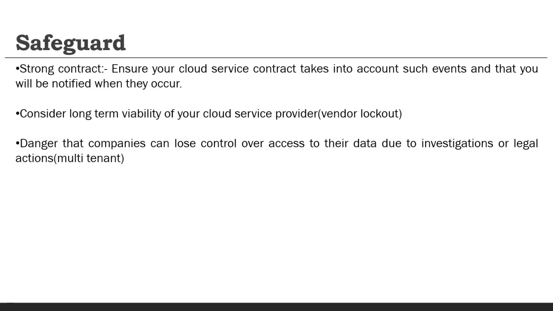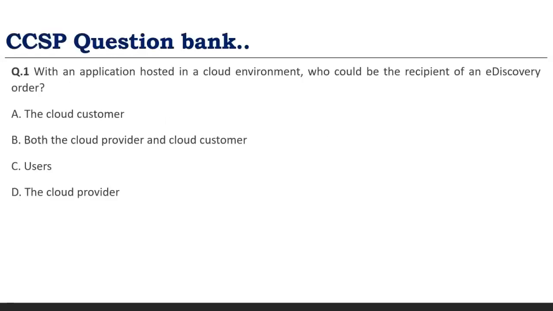Your business and data can also be impacted. So you are not involved legally in any of this crime, but because the data is on the shared drive, you can also be impacted. There is also a problem in e-discovery, and you should have safeguards with a strong contract in that case, or you should at least have mechanisms to keep a backup in case such things happen.